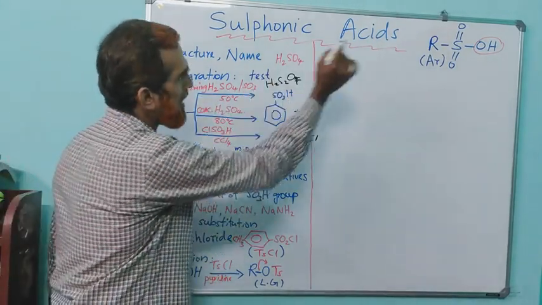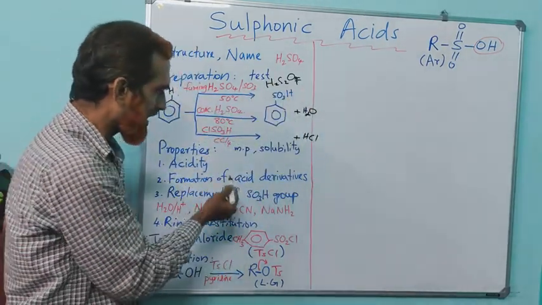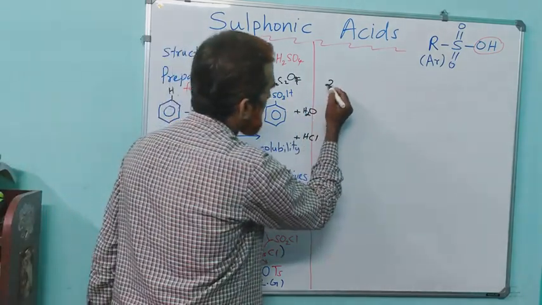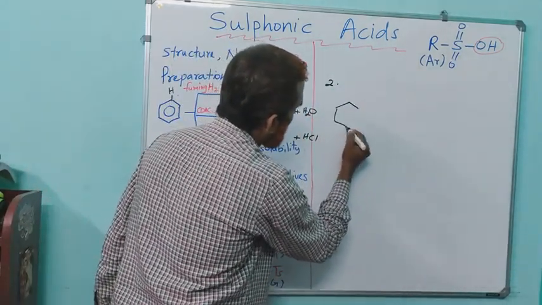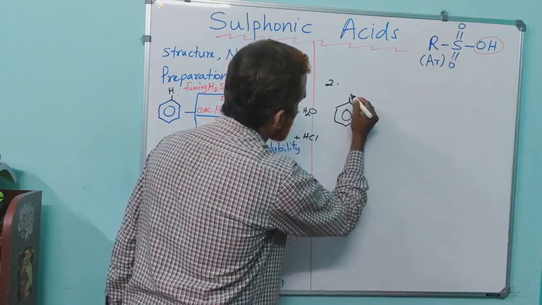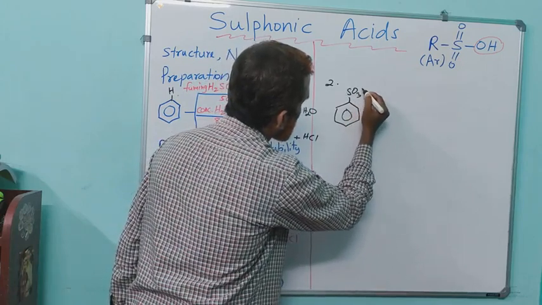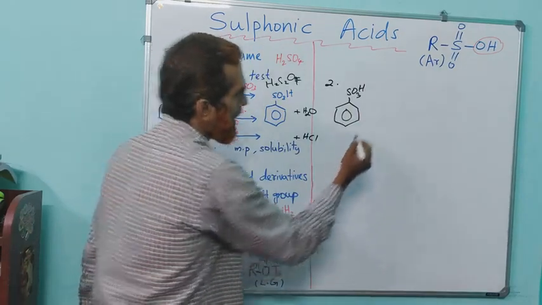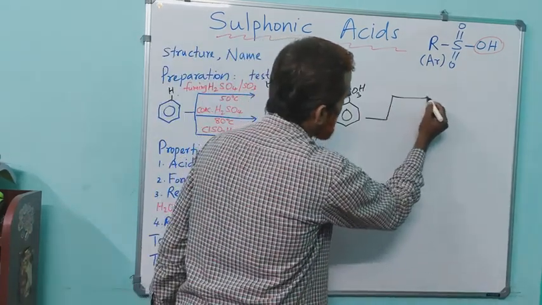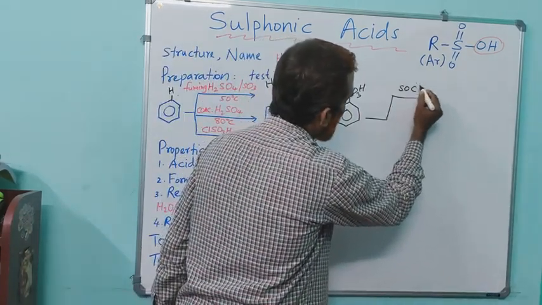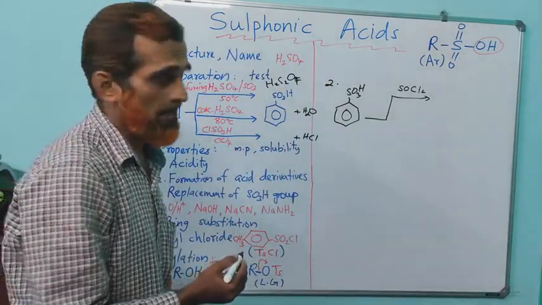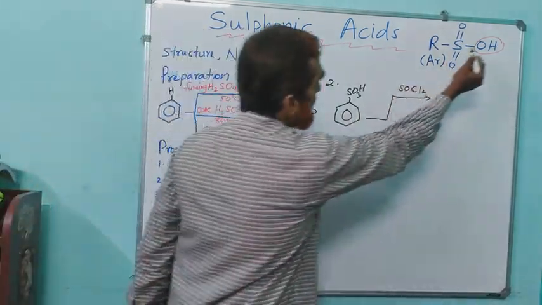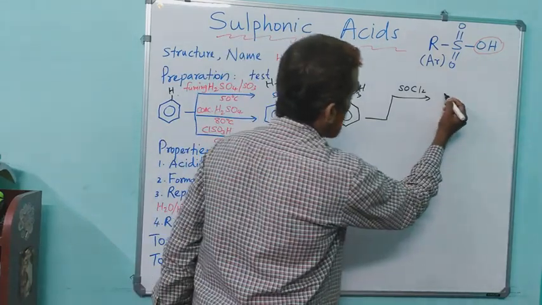Sulfonic acid also can form corresponding acid derivatives, right? Let us take, for example, benzene sulfonic acid. If it is treated with SOCl2 or PCl5, what happens? It forms the acid chloride. So this OH will be replaced by Cl. So what do you get?